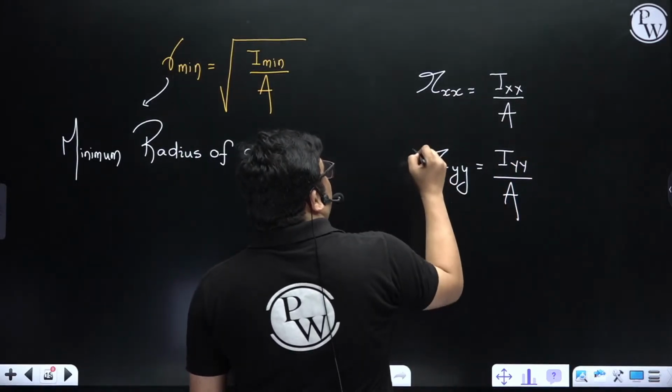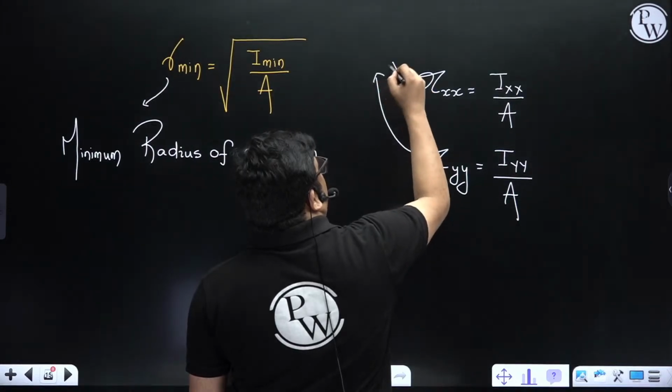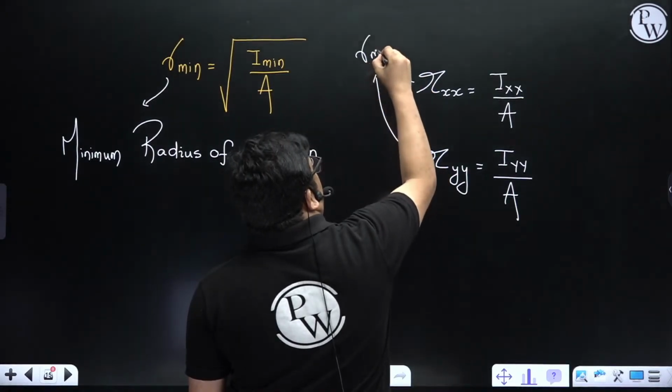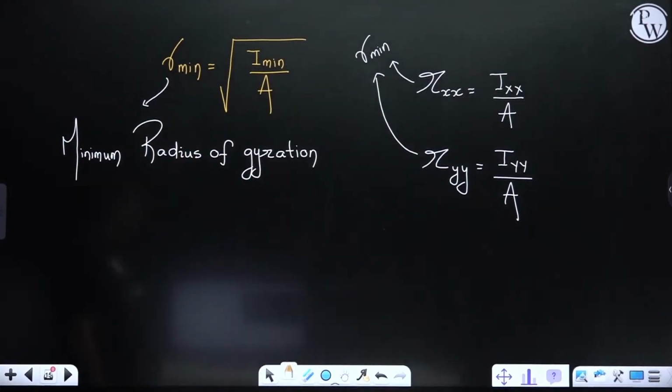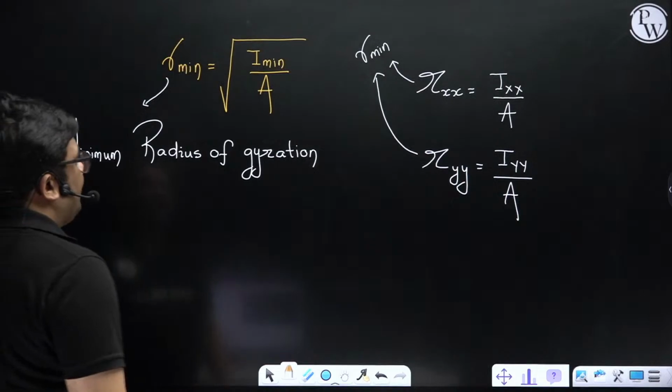So minimum of these two is your R minimum. I can say R minimum is root of I minimum by A.